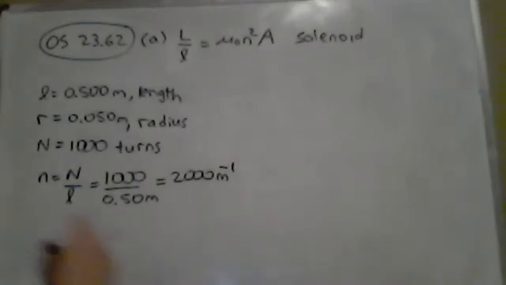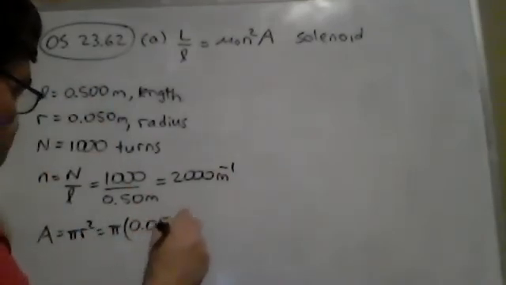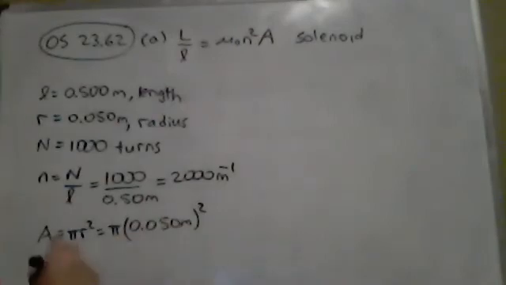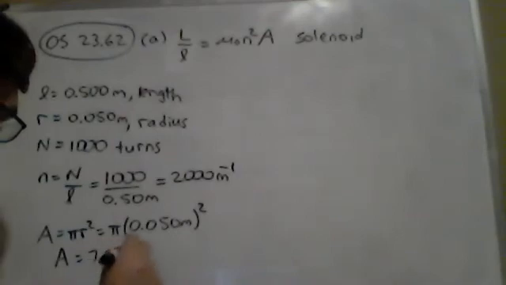What about the area? That's pi r squared for a circular solenoid: pi times 0.050 meters squared. So the area of the solenoid will be 7.85 times 10 to the negative 3 meters squared.